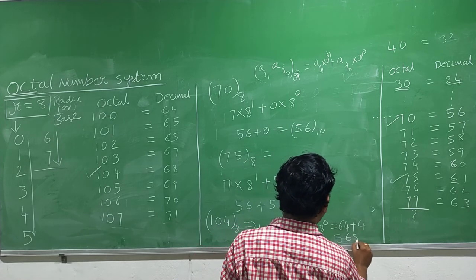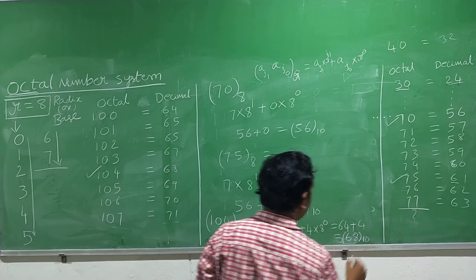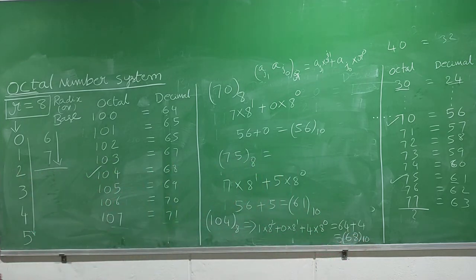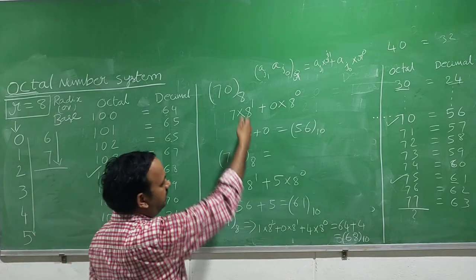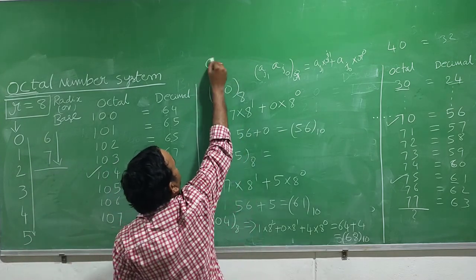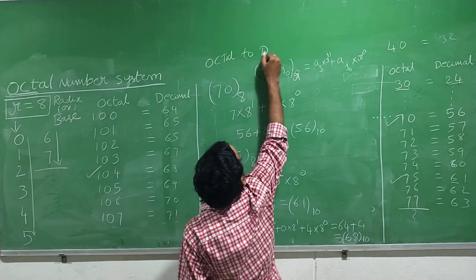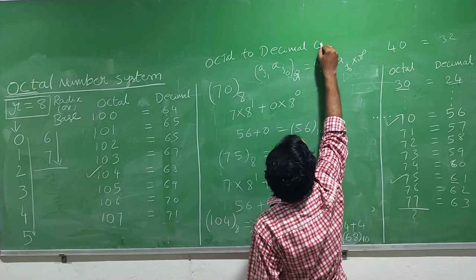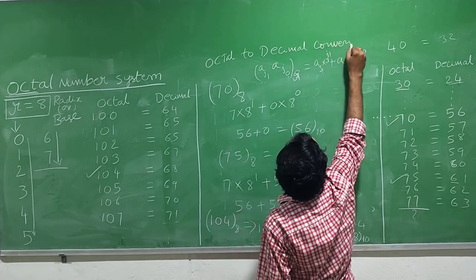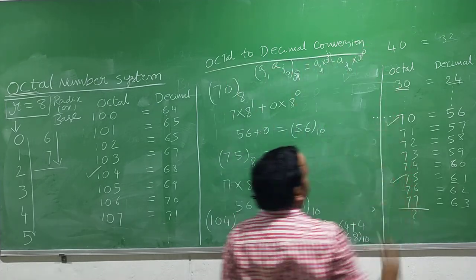You will get 68. See here, 68. Likewise, you can convert an octal number to a decimal number. So what we have done here is nothing but octal to decimal conversion.